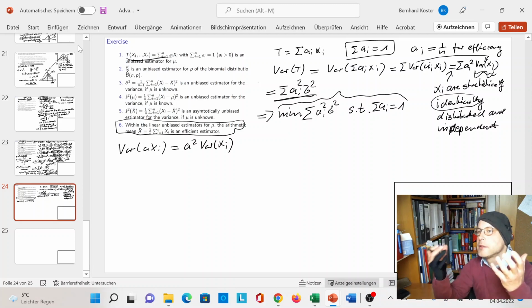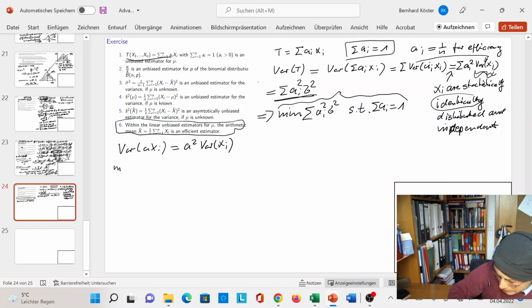Now, these problems you have everywhere in economics. And maybe in microeconomics you remember: maximize x to 1/2 times y to 1/2 subject to, let's say, 10,000 equals 2 times x plus 3 times y.